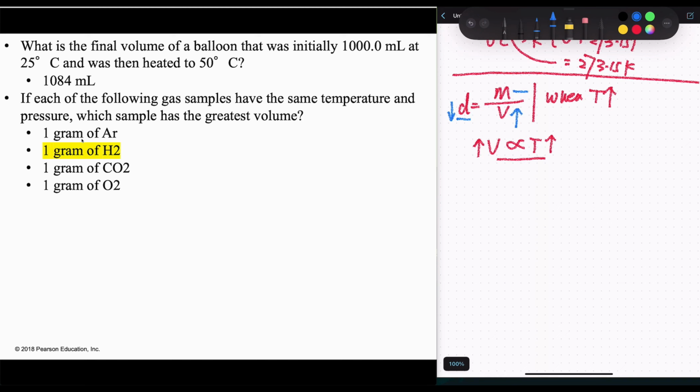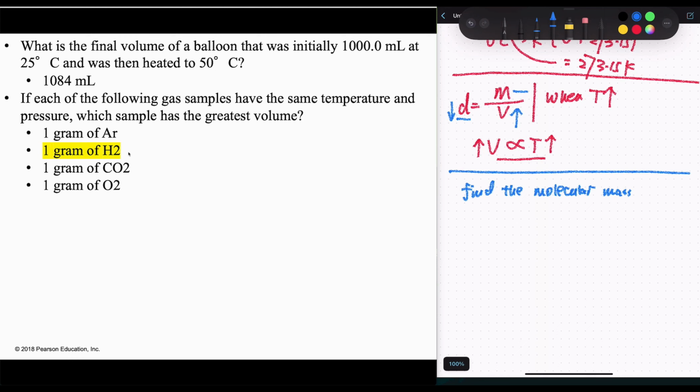We always want to use the number of moles. In order to do that, we first need to find the molecular mass of the component.